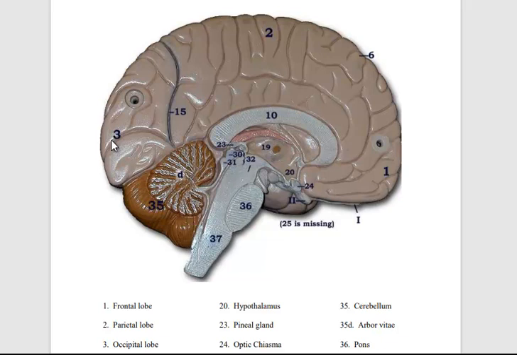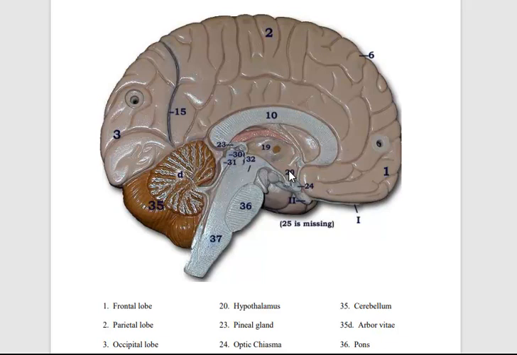And if we look right here at number 19, this is the thalamus. And underneath it, the word for beneath is hypo, so there's the hypothalamus.